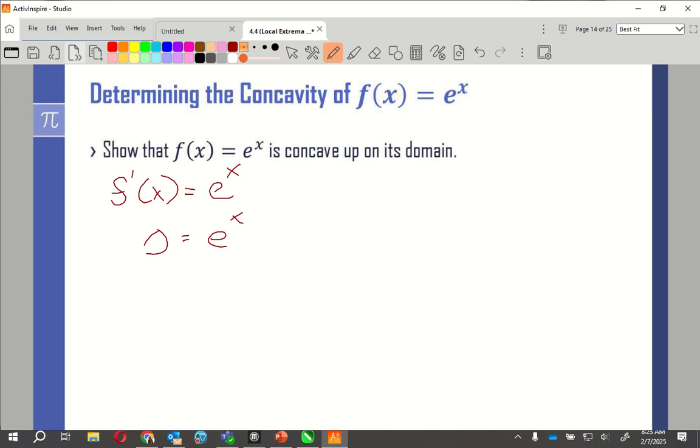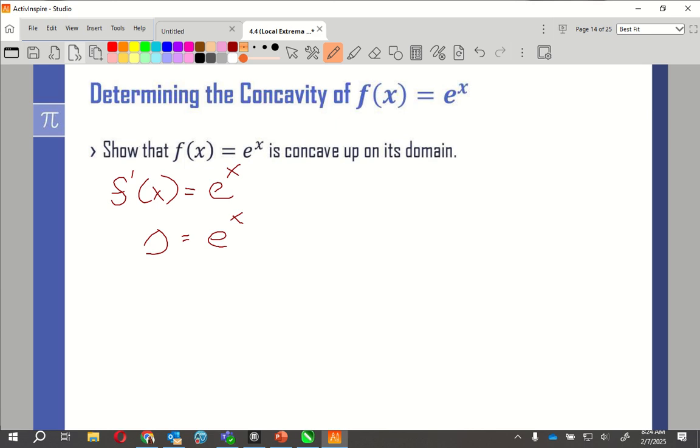So e to the x equals 0. Is there a log rule I could use to do this? How do I undo an e? What's the opposite of e?